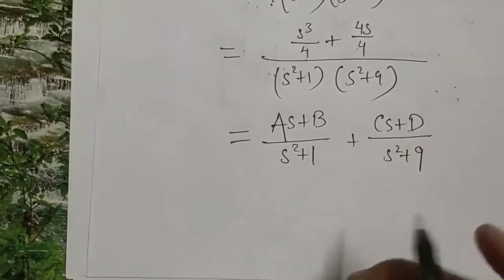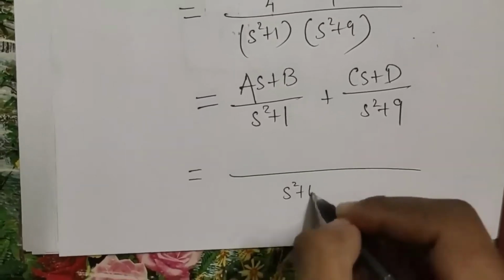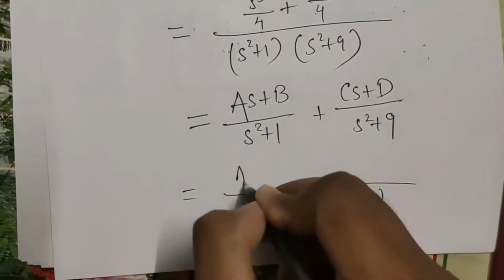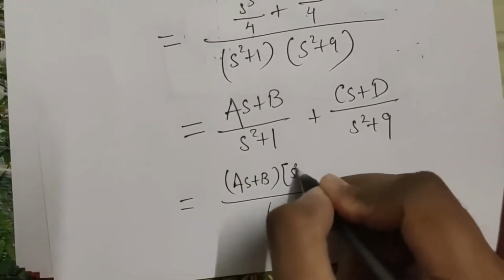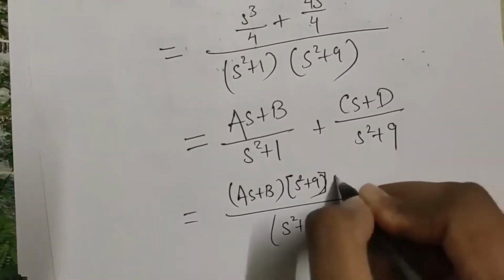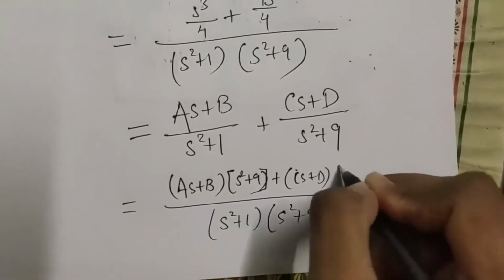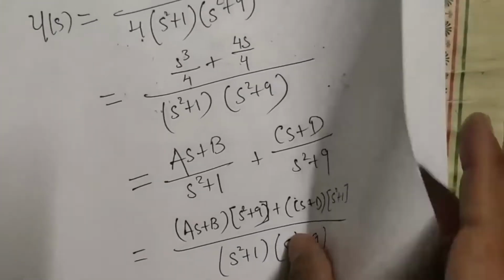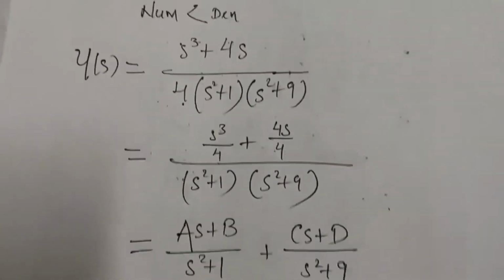So here if I take the LCM, it is (s square plus 1) into (s square plus 9). So (as plus b) into (s square plus 9) plus (cs plus d) into (s square plus 1). Let us compare the coefficients of the numerator on both sides.